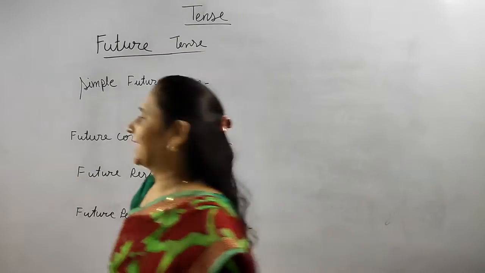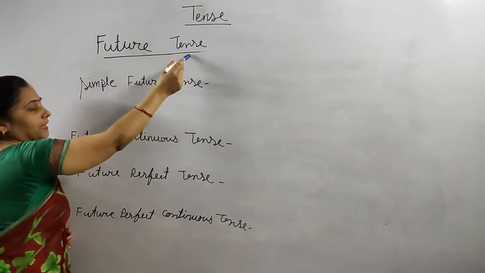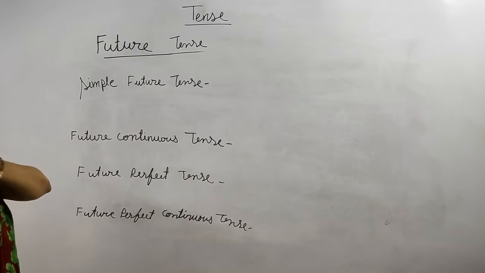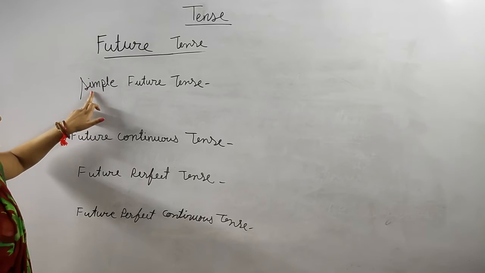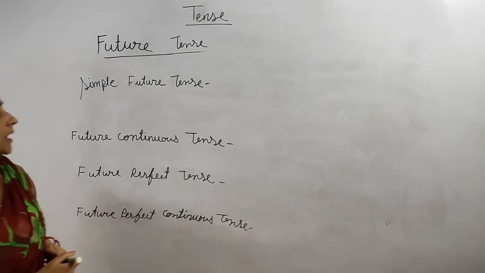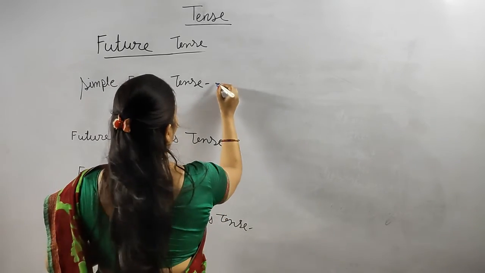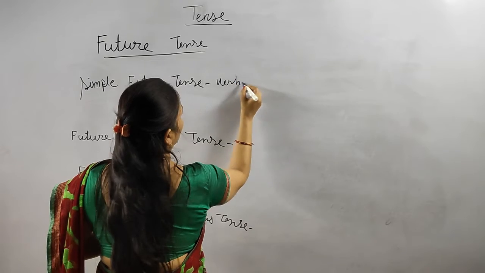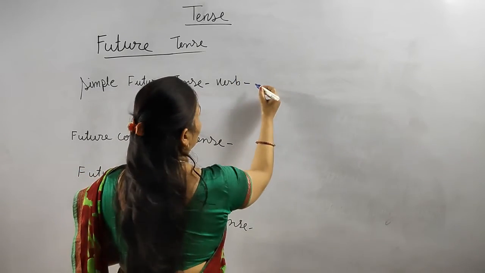Now I am going to explain future tense and its form. So let's start with the simple future tense. Again you need to learn about the verb first, verb and helping verb. So which verb we will use here?